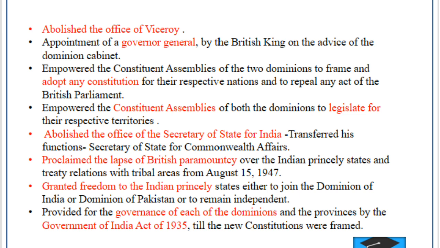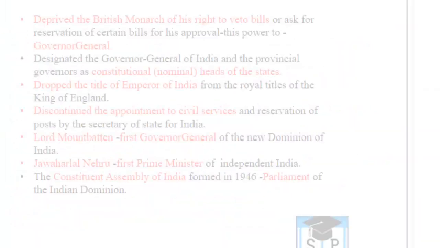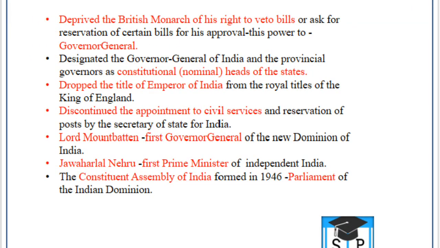This act provided for the governance of each of the dominions and the provinces by the Government of India Act of 1935 till the new constitutions were framed. Until the new constitutions were framed, the new dominions were to be governed by the Government of India Act of 1935. The dominions were, however, authorized to make modifications in the act.